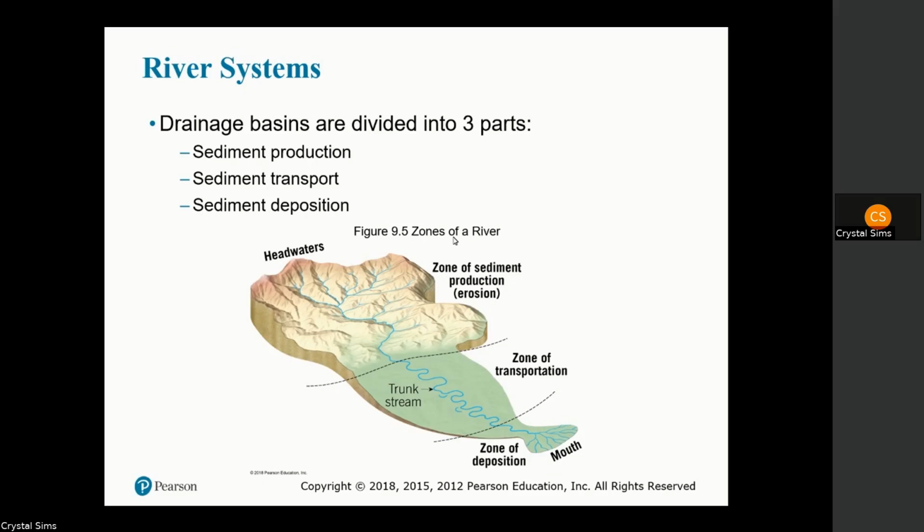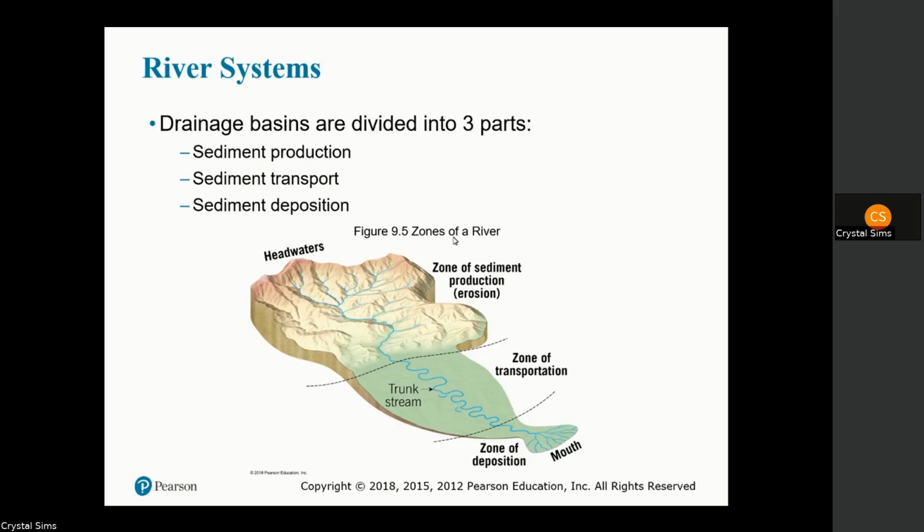And then finally, we get to the zone of deposition, and this occurs once the river reaches the ocean or another large body of water like a lake. It slows down as it reaches that, and the energy that is being used to transport all of this sediment is reduced.